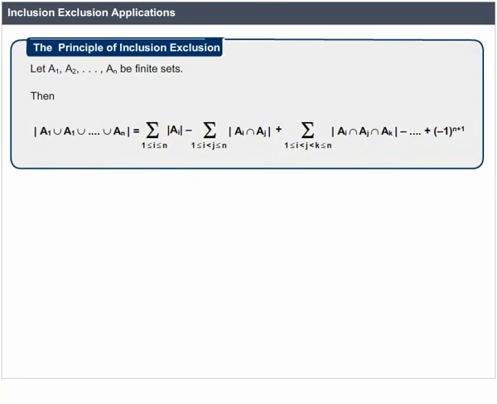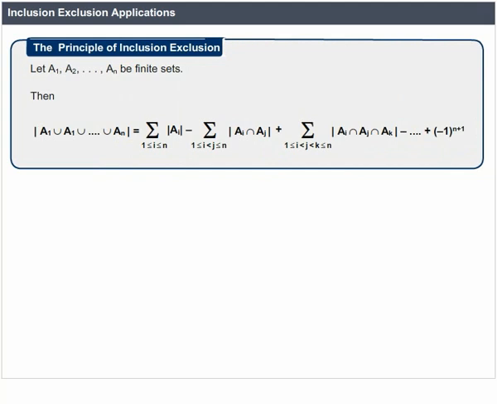Then |A1 ∪ A2 ∪ ... ∪ An| = Σ_{1≤i≤n} |Ai| − Σ_{1≤i<j≤n} |Ai ∩ Aj| + Σ_{1≤i<j<k≤n} |Ai ∩ Aj ∩ Ak| − ... + (−1)^(n+1) |A1 ∩ A2 ∩ ... ∩ An|. This is the principle of inclusion-exclusion.